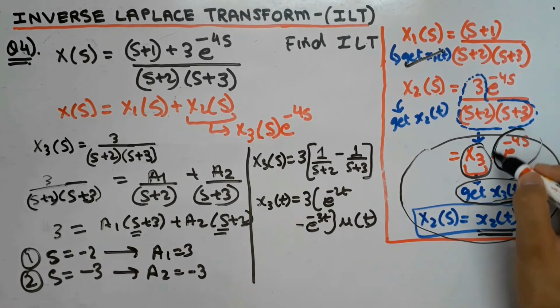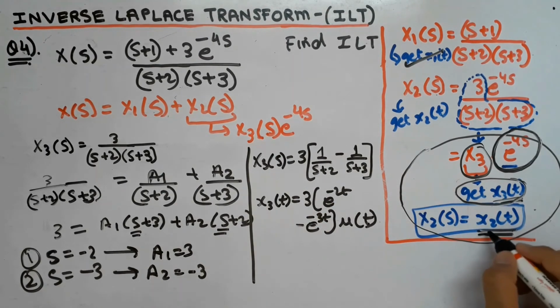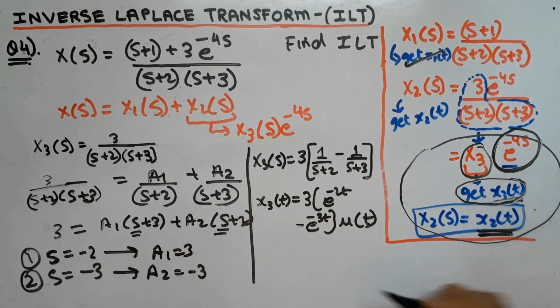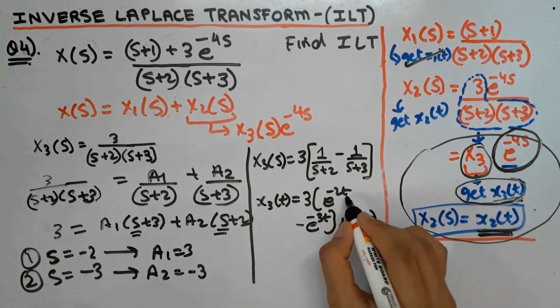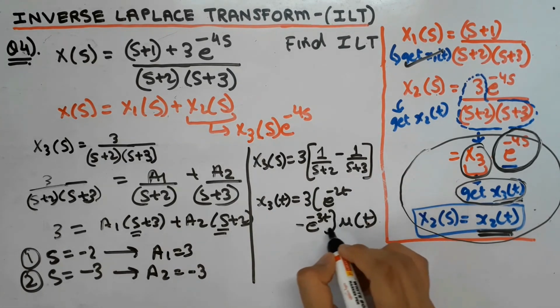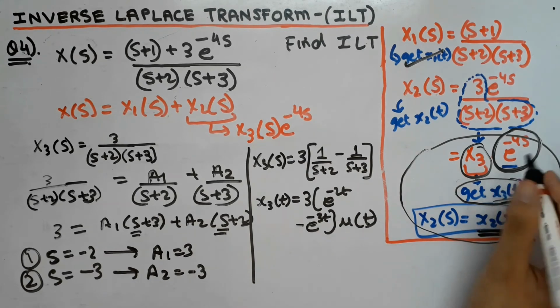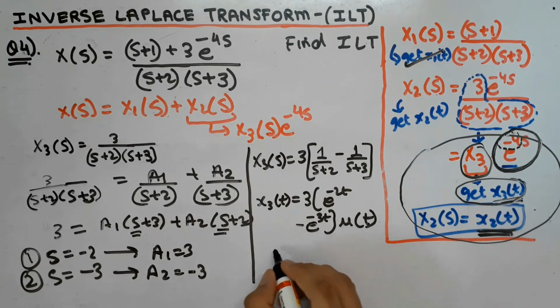Now we have completed till this part. Now we have to adjust the value of e to the power minus 4s in this in order to find the value of x2(t). So as I had told you, in order to compensate this, we will simply replace t in all these 3 parts, that is in e to the power minus 2t, e to the power minus 3t and u(t), by t minus 4, as we have e to the power minus 4s. So from there we will get the value of x2(t).